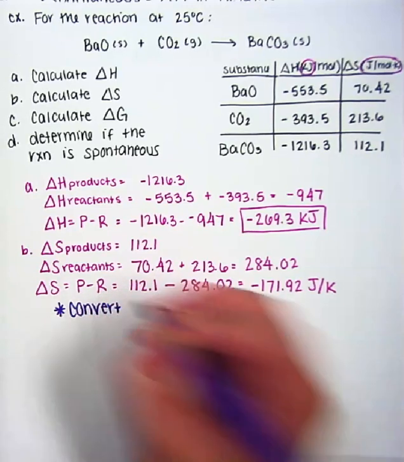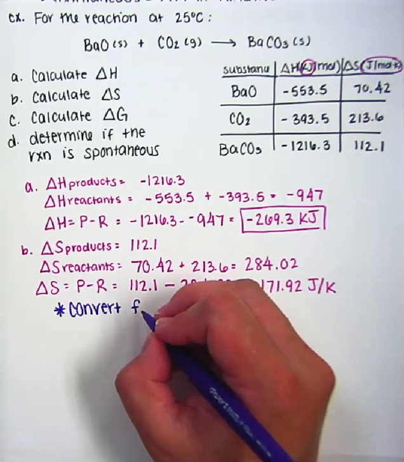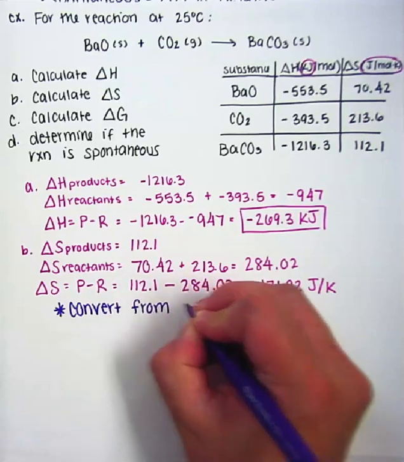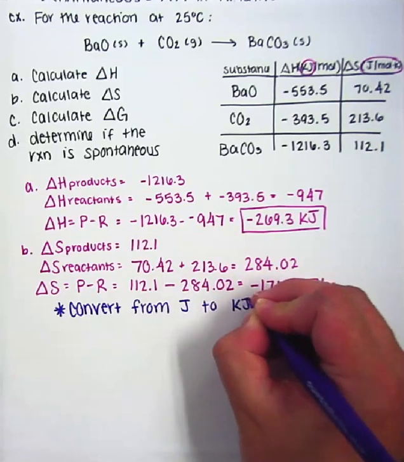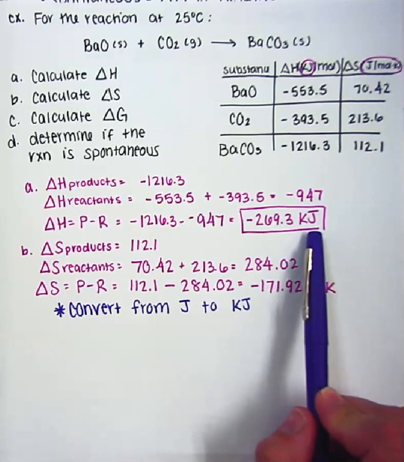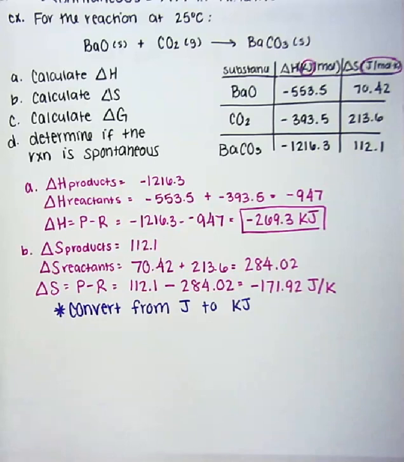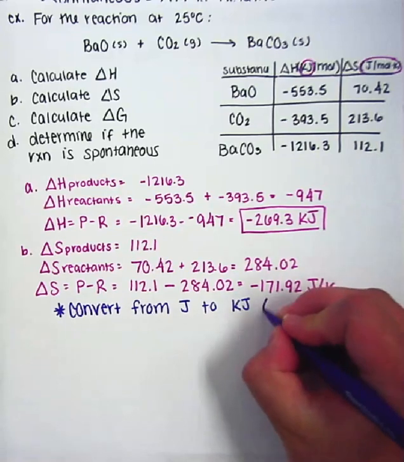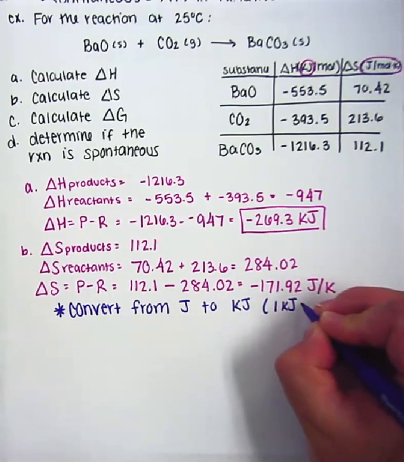We want to convert from joules to kilojoules. Notice that enthalpy is in kilojoules, so we want entropy to be in kilojoules. And the way that we're going to do this is to set up a little conversion.